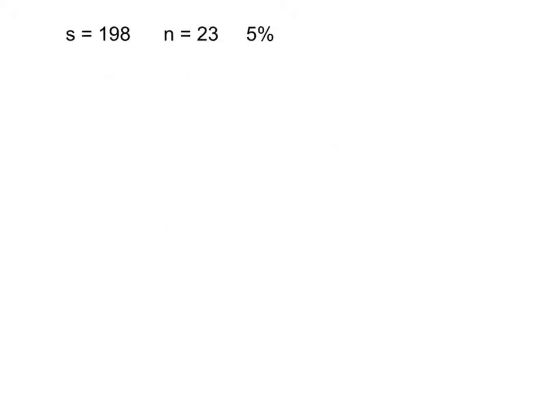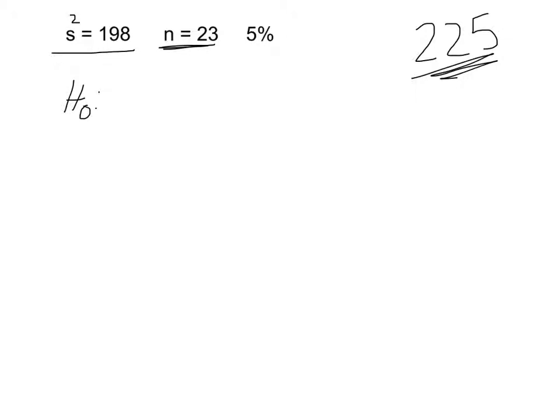In our first example, the instructor wants to look at the variation of scores for her students against the whole population. She has a sample of 23 students, and the sample variance she finds is 198, and she wants to test it against the 225 that's accepted for the population. The first thing we do is set up our null and alternative hypotheses.